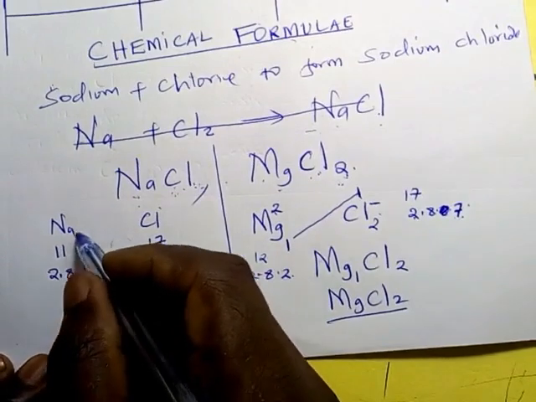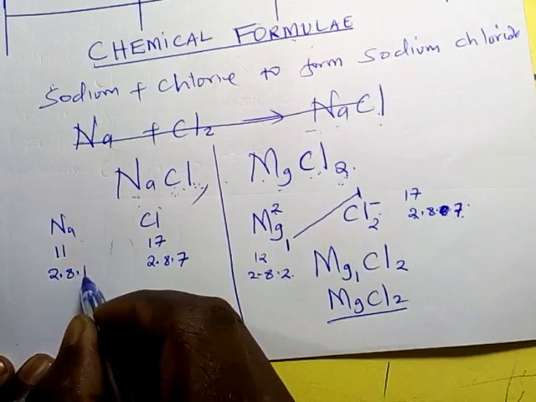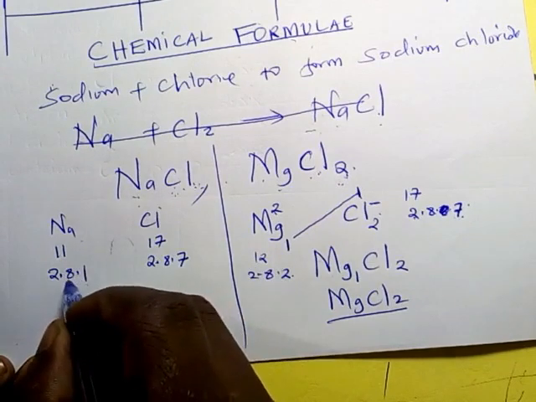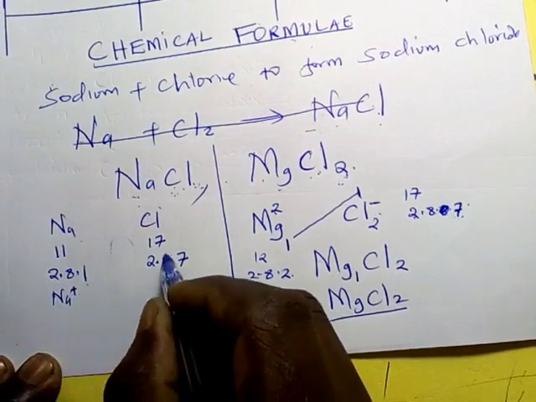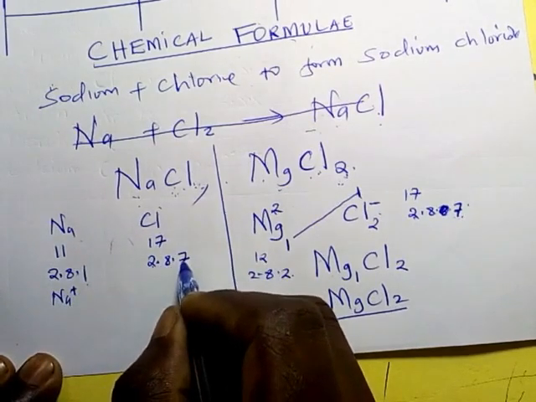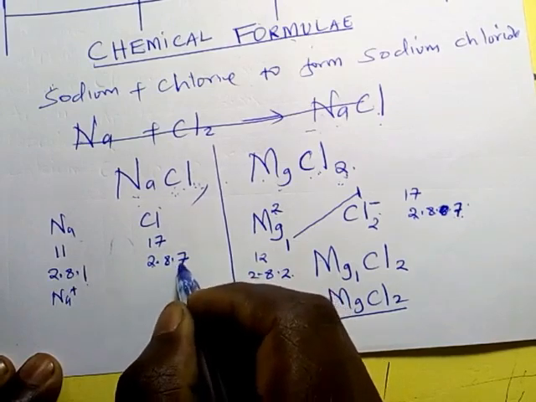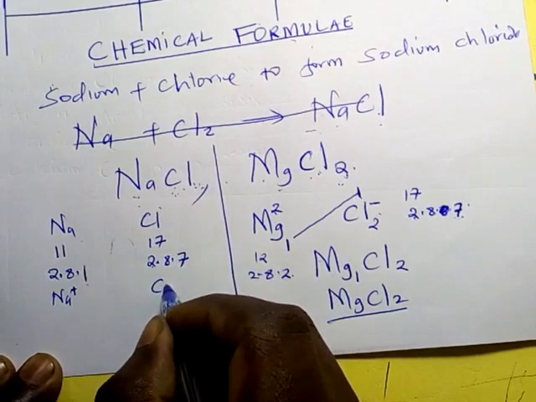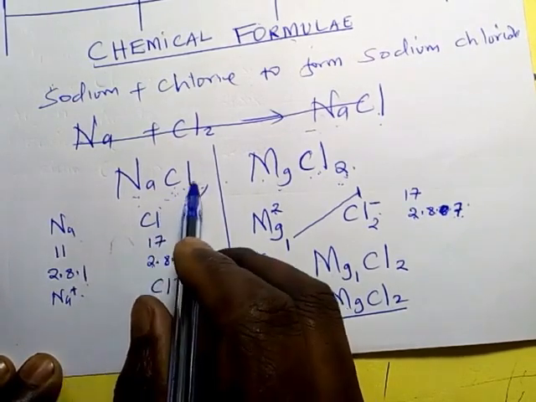How does sodium react? Sodium reacts by losing 1 electron to be stable because it cannot gain 7. Therefore, it loses 1 to form the sodium ion, positive. Chlorine, electron configuration 2, 8, 7, reacts by gaining 1. So if it gains 1, it becomes negatively charged. So negative and positive combine to form sodium chloride.